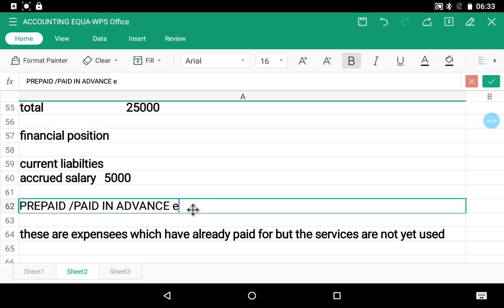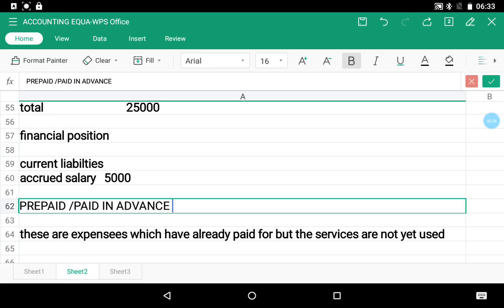of course, you say these are expenses you have not used. For example, you have already paid. For example, you can pay rent, and in paying rent, maybe you paid for 6 trading periods. That means each year, when you are preparing financial statements, you get the total rent paid.